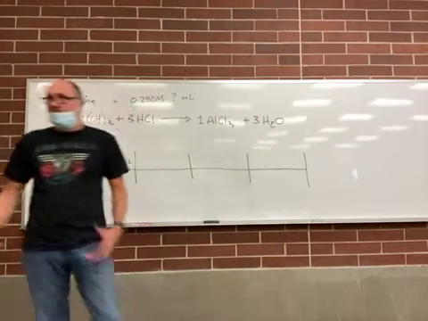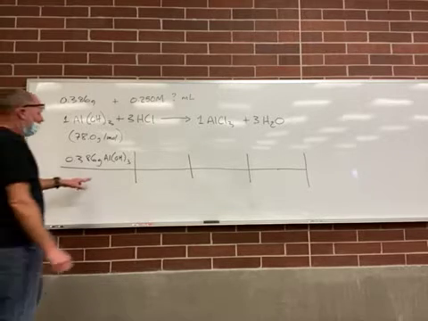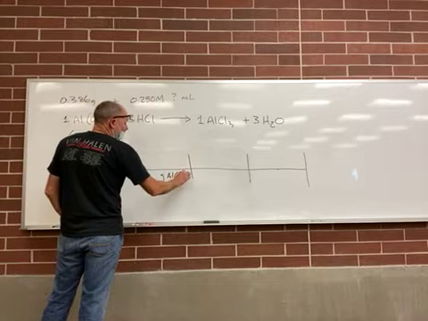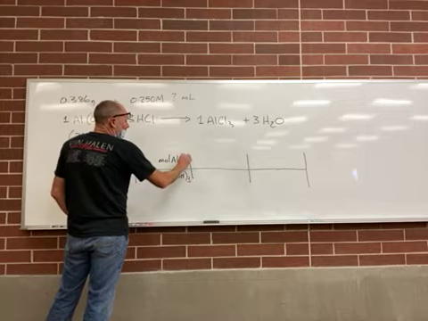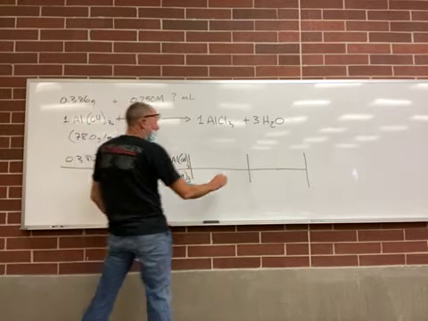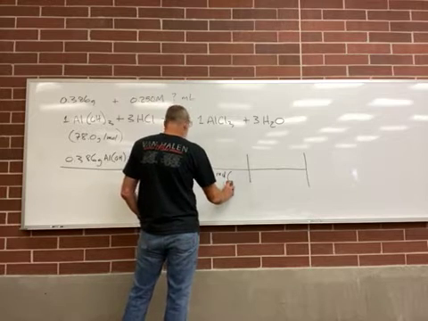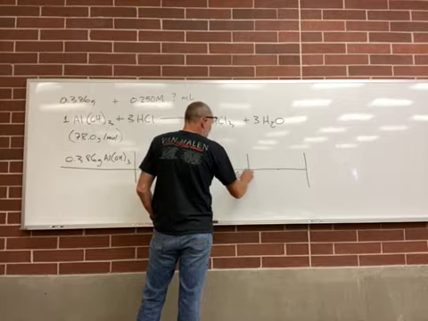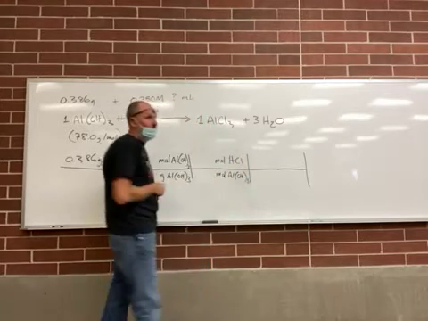Okay? And this is going to look very similar to what we've already done in our stoichiometry from chapter 3. So down here, I'm going to have grams of aluminum hydroxide. Here, I'm going to have moles of aluminum hydroxide, which means I'm going to have moles of aluminum hydroxide here. And moles of hydrochloric acid here.